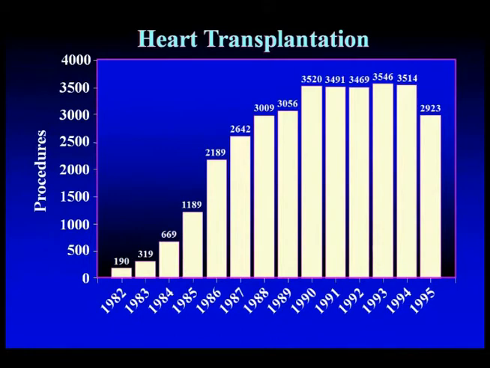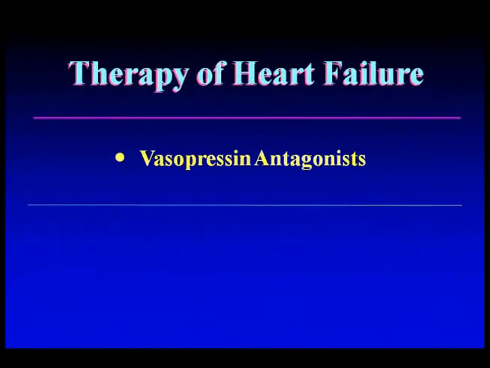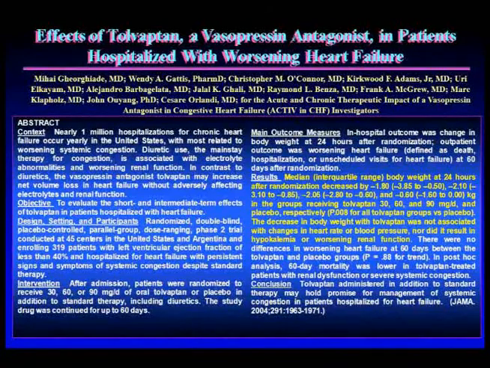Well, one of the surprising trials of the last 2 decades was the RALES trial, showing that spironolactone, an aldosterone antagonist, in fact improves survival in people with severe heart failure. And then eplerenone, which is also an aldosterone antagonist, also in people with left ventricular dysfunction after MI, so a low ejection fraction, also reduced mortality.